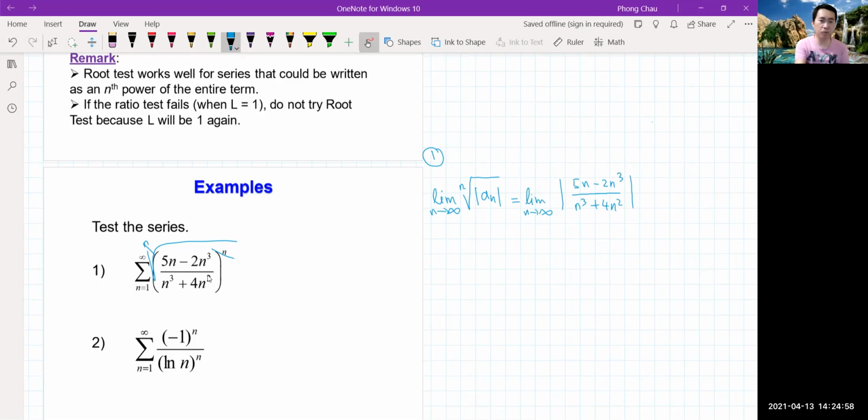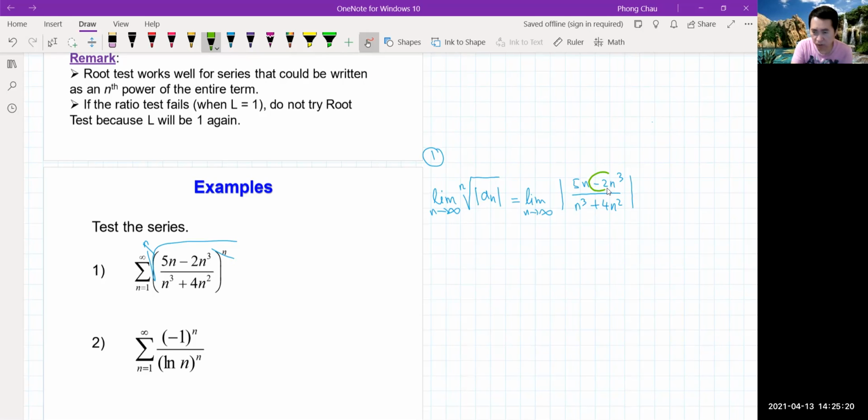Again, taking the nth root of the nth power, they cancel out, you're left with this, and I can find the limit easily in this case using our shortcut. You see that the numerator has degree 3, the denominator has degree 3, so they have the same degree.